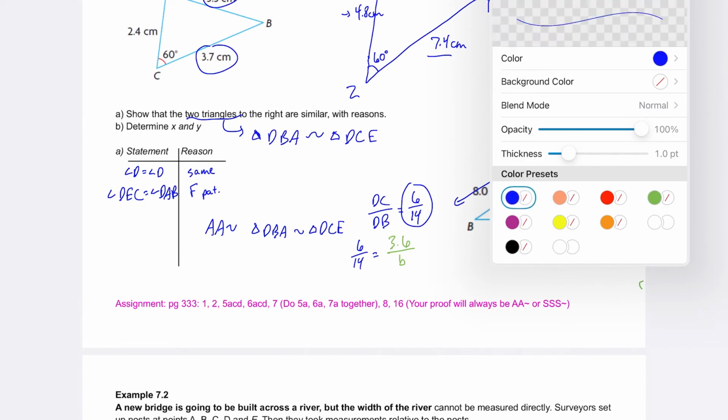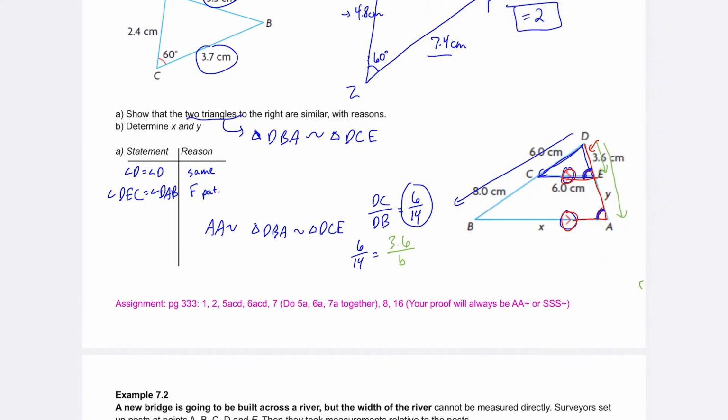So we can use that little skill we learned earlier, which is cross multiplication. So notice that if we were to cross multiply, we'd get 6B equals 3.6 times 14. And 3.6 times 14 gives us 50.4.